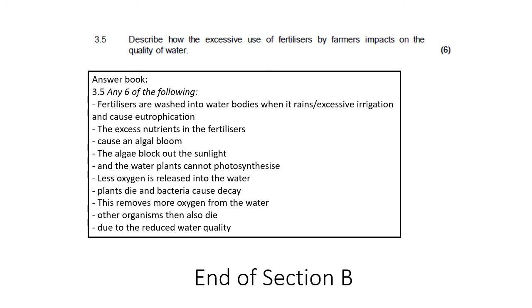The algae block out the sunlight, and the water plants cannot photosynthesize. Less oxygen is released into the water. Plants die, and bacteria cause decay. This removes more oxygen from the water, and other organisms then also die due to the reduced water quality. Any 6 of those effects.